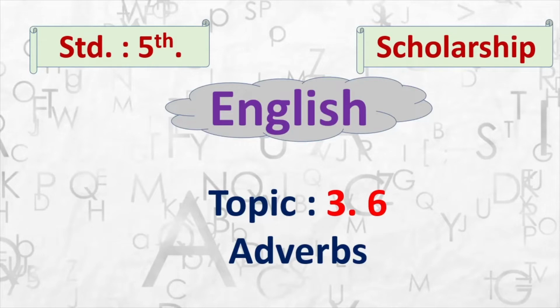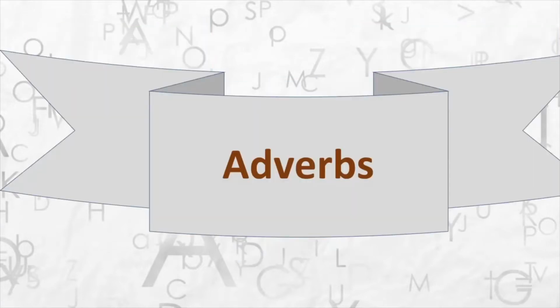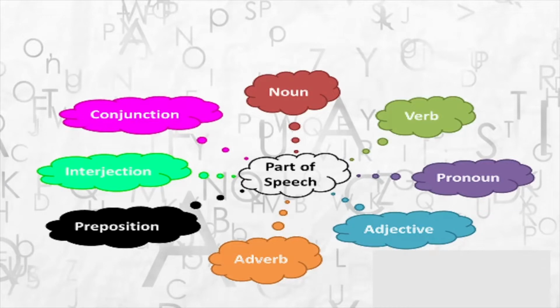So children, we are doing this lesson based on grammar or language studies, where we have been talking about verbs, auxiliary verbs, action verbs, and so many other concepts in grammar. Now today we will be talking about this particular topic, that is adverbs. So before we move on, let us take a quick look at all the different parts of speech that we have.